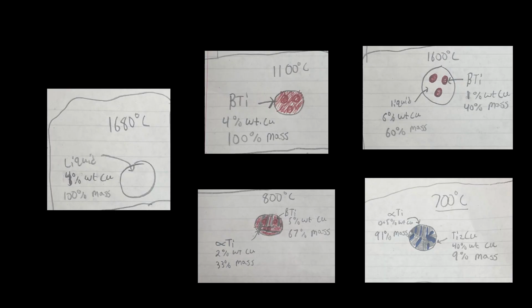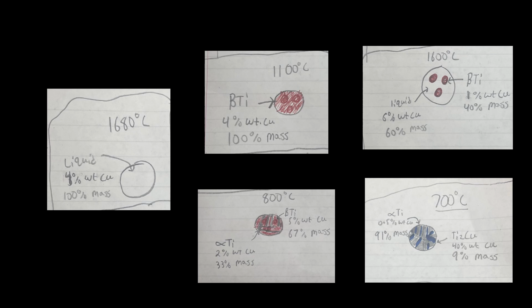These are our wonderful drawings of each of these phases. So we start at 1680 degrees Celsius at the liquid phase. This is 4% weight copper, and all of it is liquid, so 100% mass. And then we go into the liquid and beta titanium, which is 6% weight copper for the liquid and 1% weight copper for the beta.